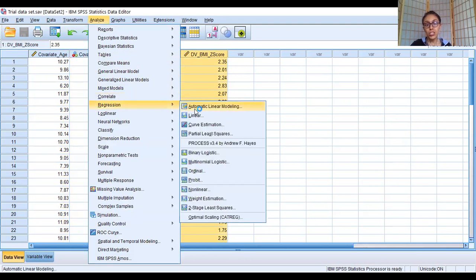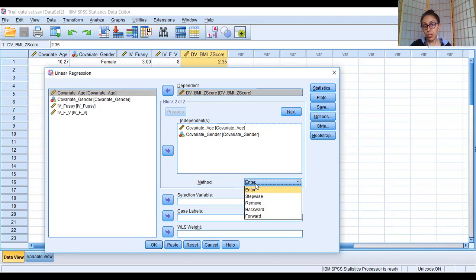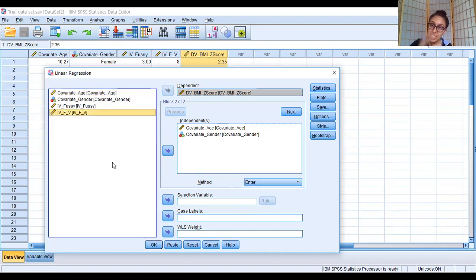Regression, then you go to Linear. Then the dependent variable should be over here: child's weight status, BMI Z score. In the first model set, I'm running something called hierarchical linear regression, using just the normal entry method. You even have the stepwise method and so on. These are things taught in the actual quantitative class, and that's why I cannot cover all of this.